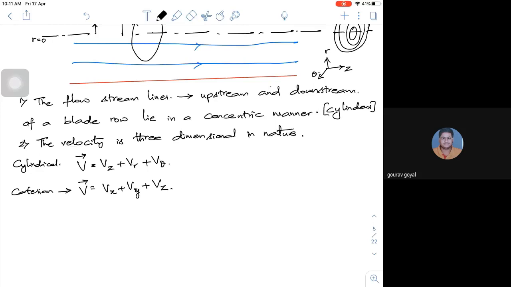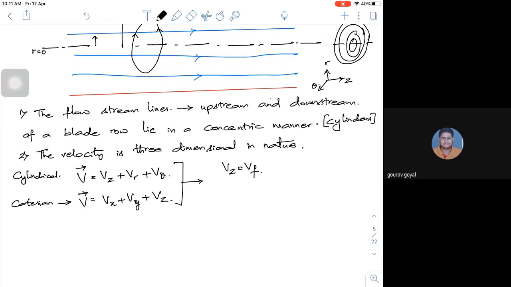Now, when I look at it, what is my Vz? Vz is nothing but your velocity in the flow direction. And when I look at theta, your V theta is your whirl velocity. This is in the flow direction, and this is in the tangential direction. So that's where we have the whirl velocities. So V theta is equal to Vw and Vz is equal to Vf.